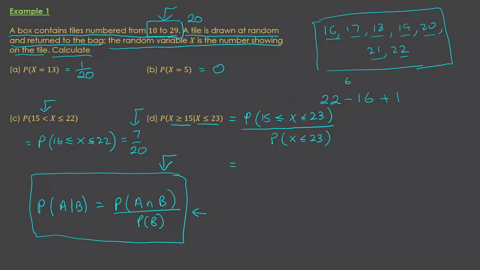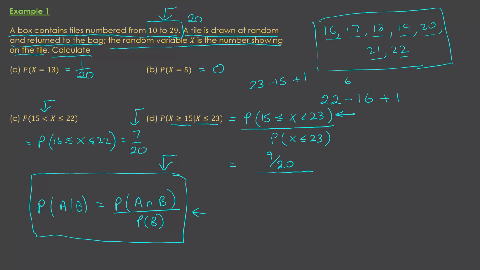Now, as we just discussed for this one, we can do 23 take away 15 and then add 1. So there are actually 9 possibilities for the top here. And so we know that that would be 9 out of 20.